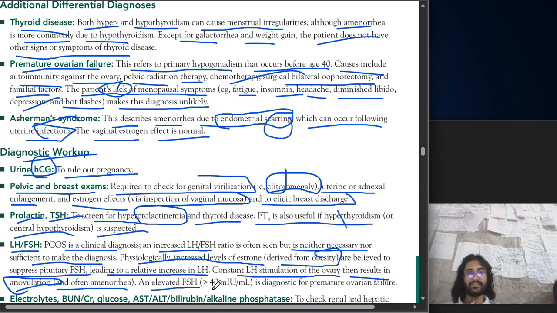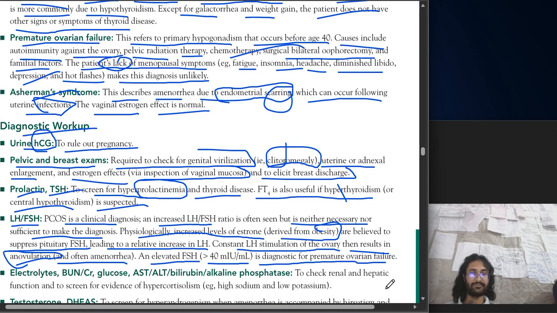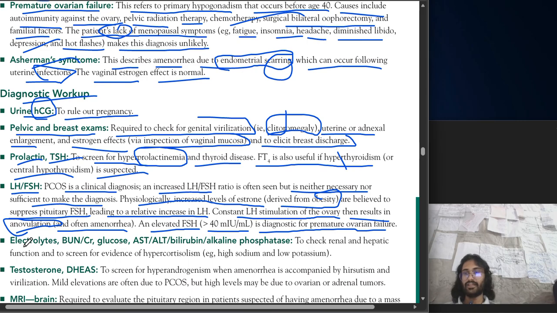And elevated FSH, which is greater than 40 international units per milliliter, is diagnostic for premature ovarian failure. Electrolytes, blood urea nitrogen or creatinine, glucose, AST, ALT, bilirubin, alkaline phosphatase.